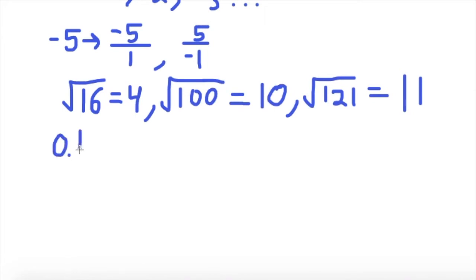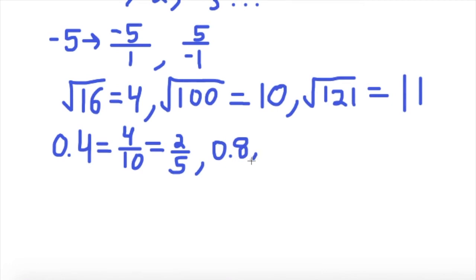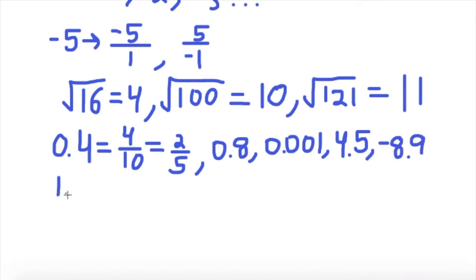Some examples are 0.4, which can be rewritten as 4/10 or 2/5, where 4, 10, 2, and 5 are integers. 0.8, 0.001, 4.5, -8.9, 1.5, and 1.5 can be shown in a ratio of 3/2. All of these are rational numbers as well.